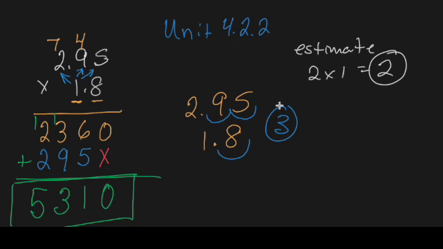So altogether, we are going to go 3 decimal places on our number. So if we look at the number we had, 5310, we are going to move 1 decimal place, 2 decimal places, and 3 decimal places. And that's where we're going to put our decimal. So our ending number is going to end up at 5.310.